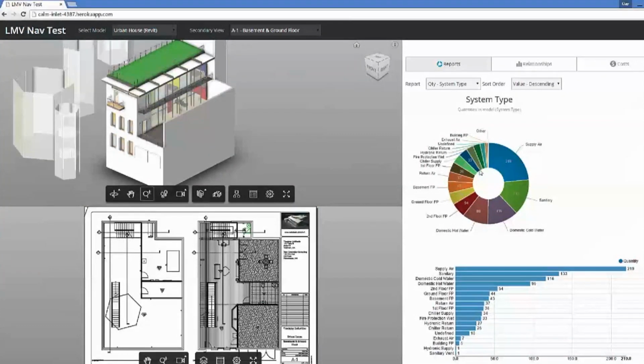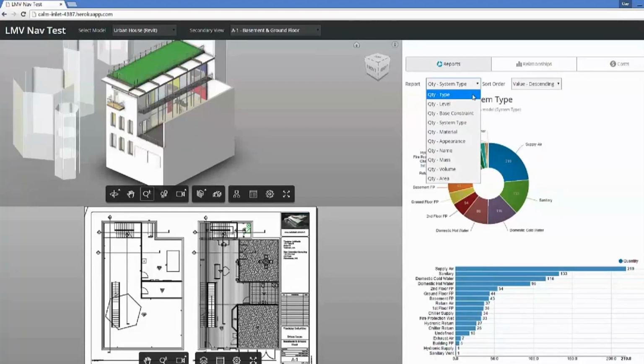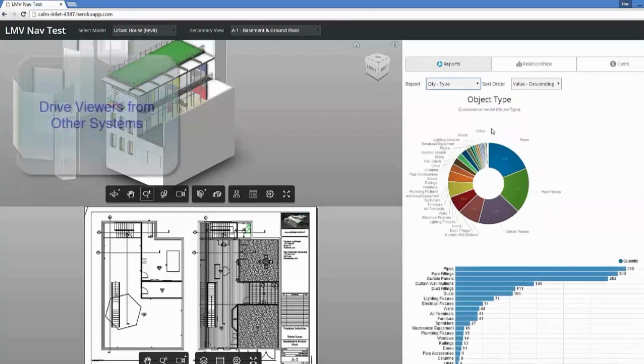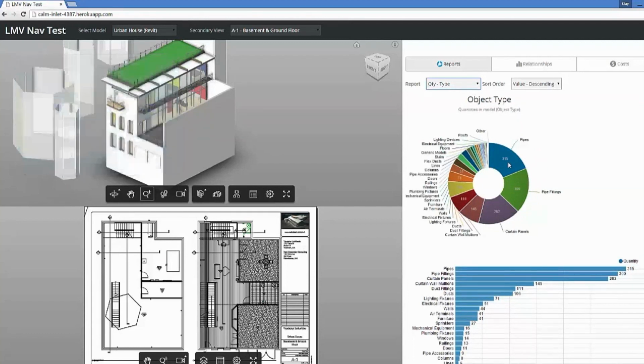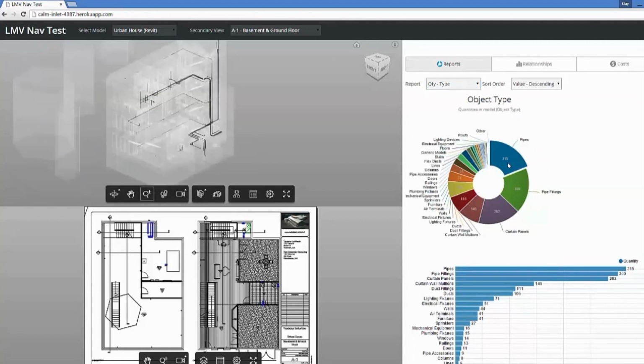This is an example of the model being used in the cloud. I mentioned earlier that the cloud is really changing things. This notion of being connected now, teams being connected, and what you're seeing here is a model that's been uploaded that we can then start to analyze in new and different kinds of ways.